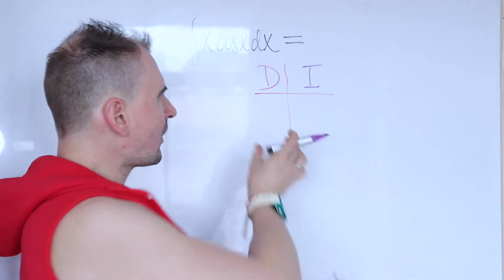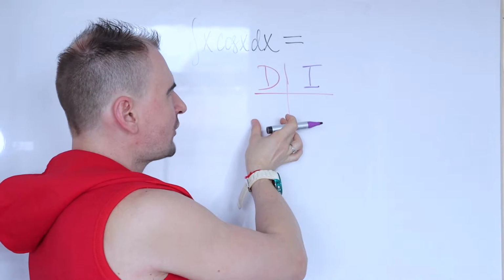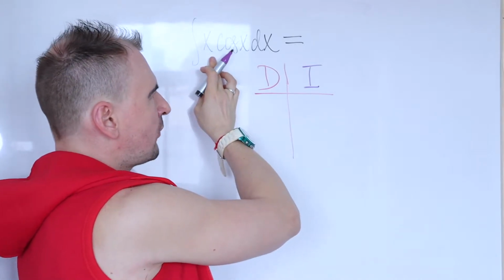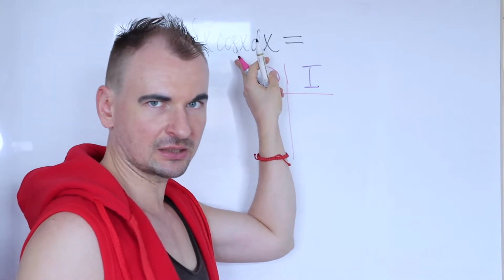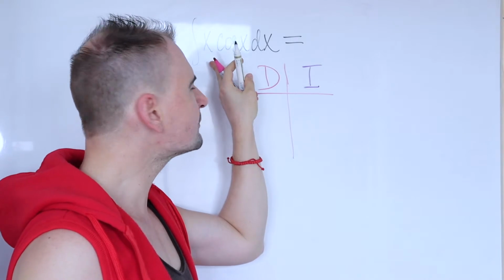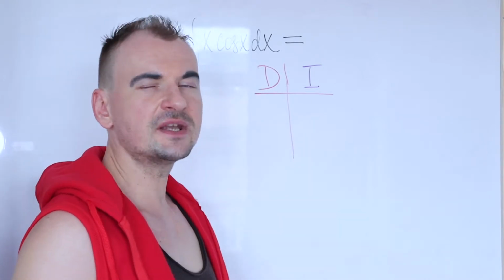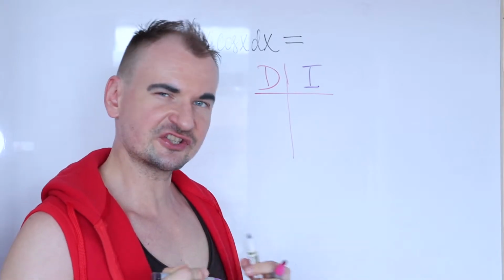Now, in your first column, in your first row, you're going to place one of the components of your integrand. What are you going to put here? You're going to put x, and the reason is that the derivative of x is just 1.